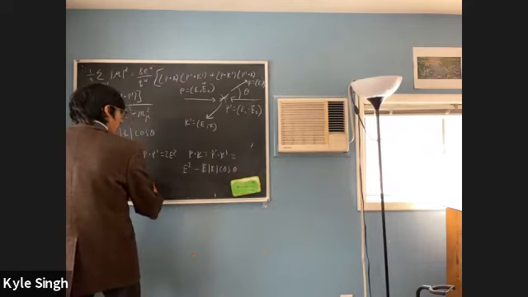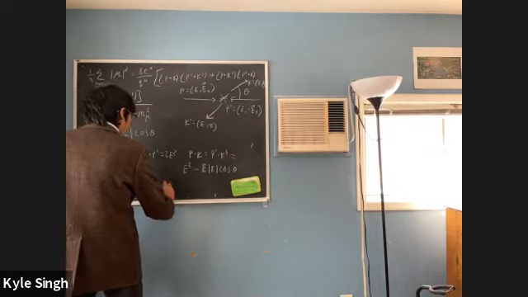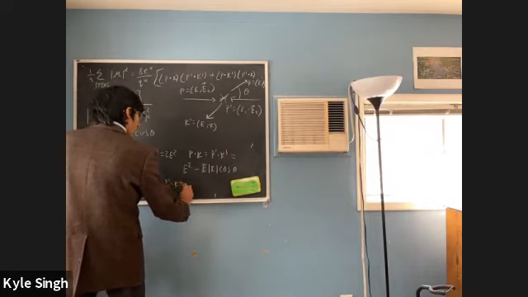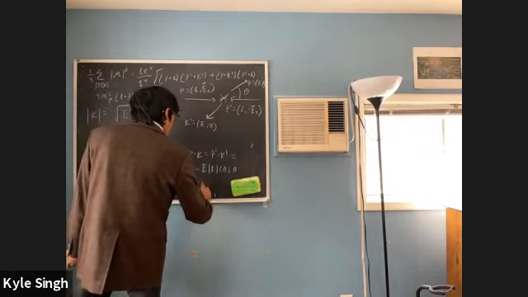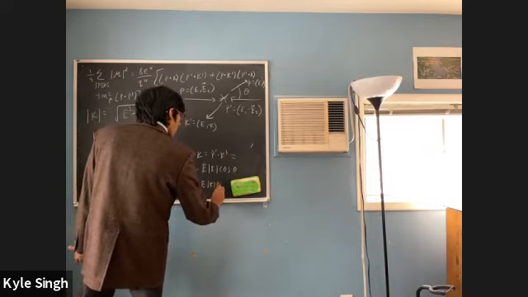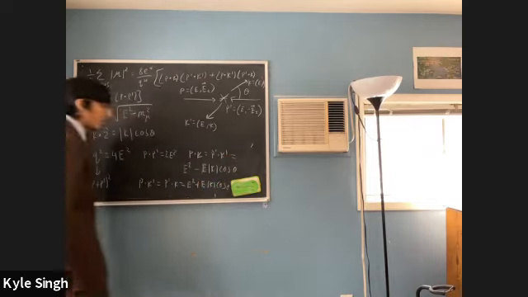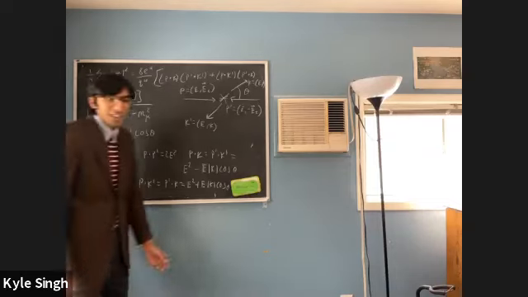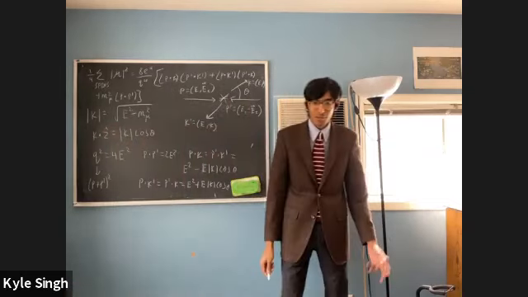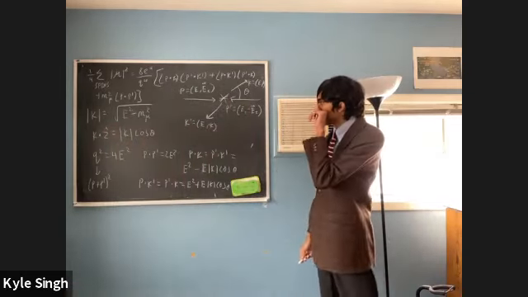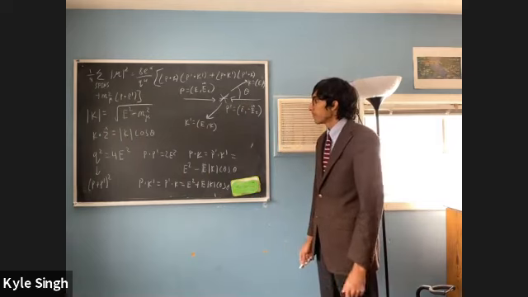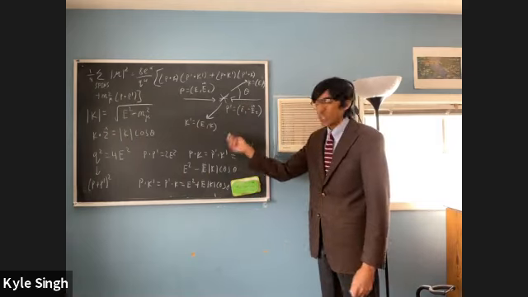And then P dot K prime equals P prime dot K equals E squared plus EK cosine theta. Okay, but these are just dot products, that's all. Hopefully these are okay.